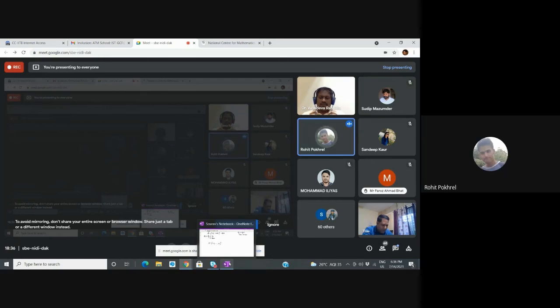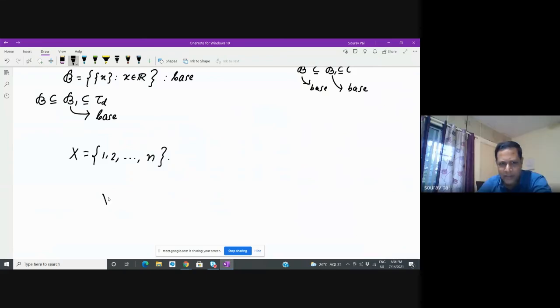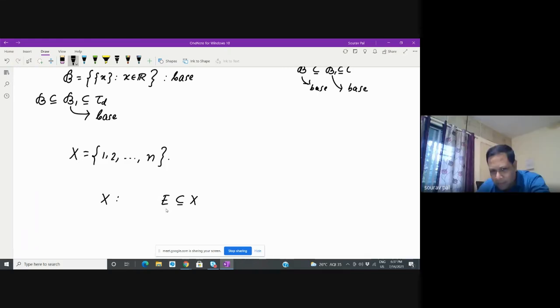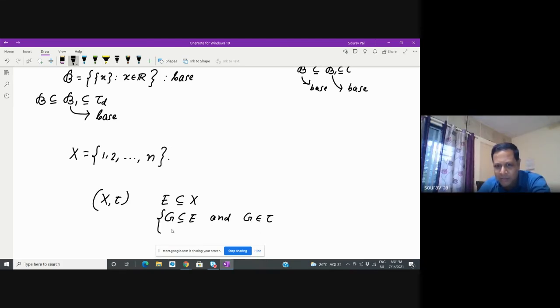This is your topological space, and you choose a set E subset of X. And we take every open set contained in E. So you choose G subset of E, with G belonging to tau. This is the collection you mean, right? Yes, sir.